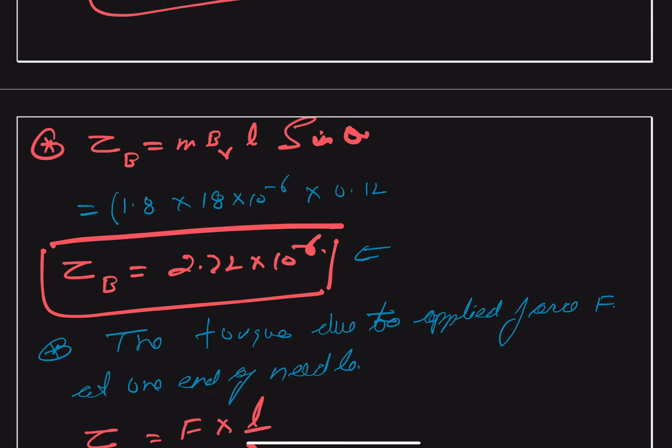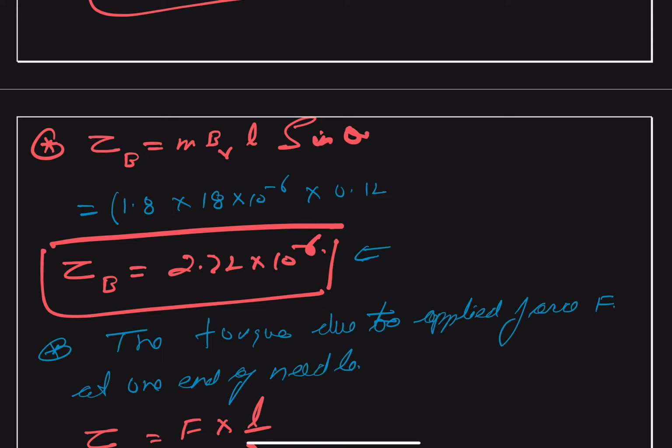And we have here, and I think the magnetic moment is M into L multiplied by B sine of theta. Magnetic moment is 1.8 into this.